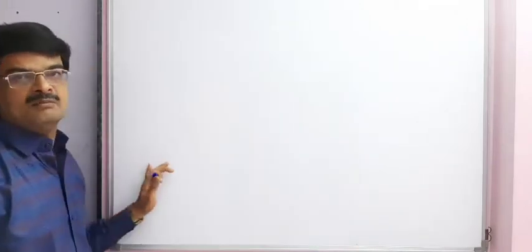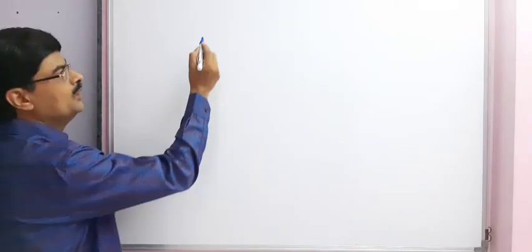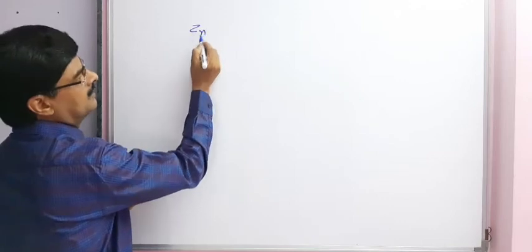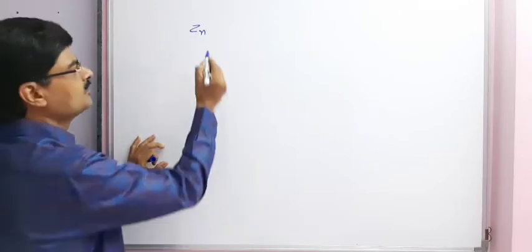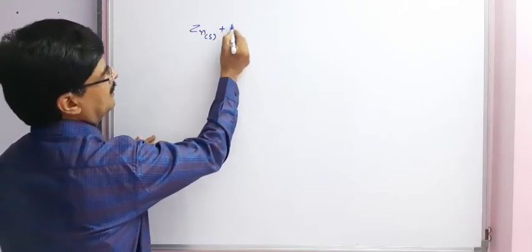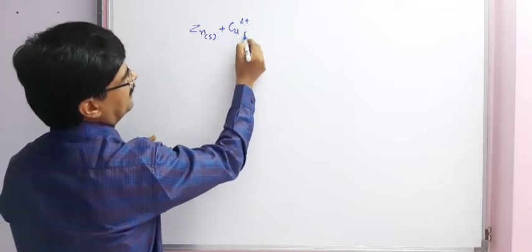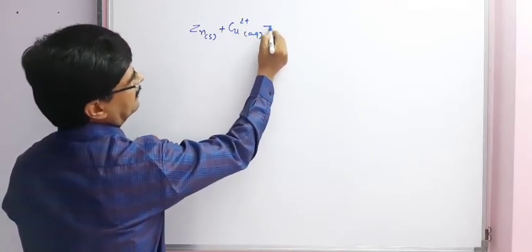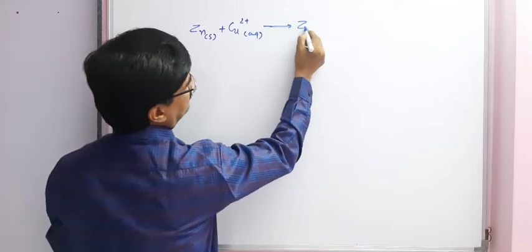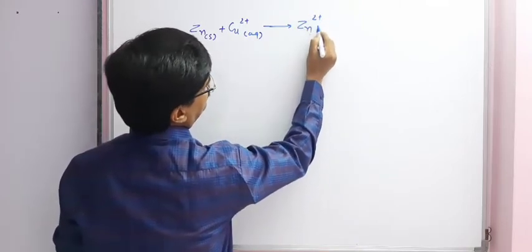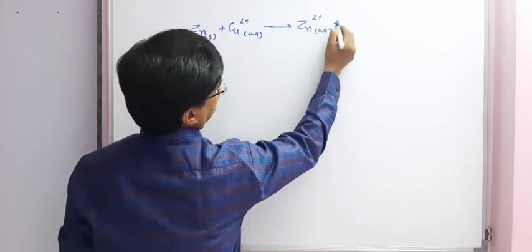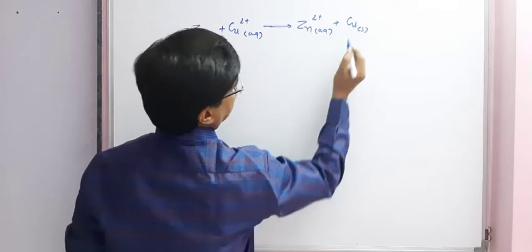One more reaction by which we can understand a few important terms. Suppose we have zinc solid and Cu2 plus aqueous, that is copper sulfate solution, will give Zn2 plus and Cu solid.